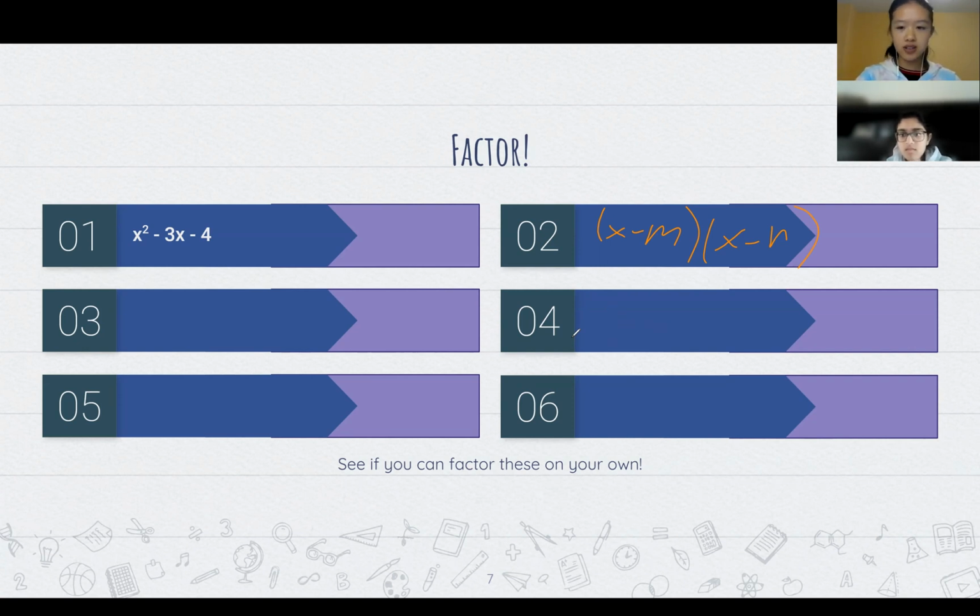I know some of you were using x plus m or x plus n. That's fine as well. Just be careful with your negative signs.